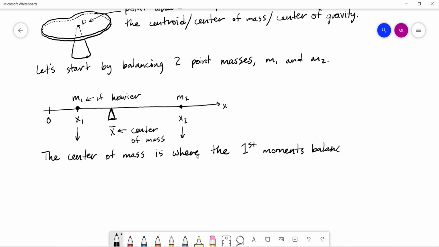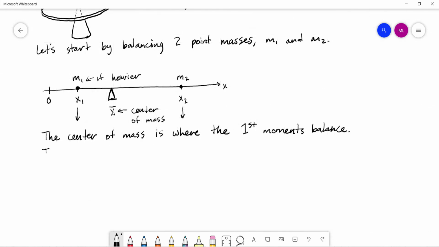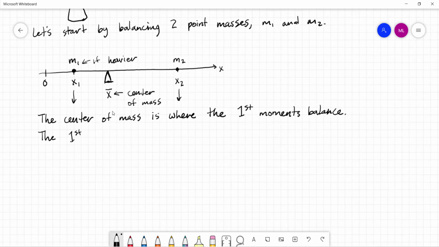And exactly as I said, the first moment is going to take into account both the mass and the distance from this point here. The reason it's called the first moment is because there's also something called a second moment and things beyond that. And these are, again, important physics concepts that you'll learn more about in a physics class. We're just giving you sort of an introduction here.